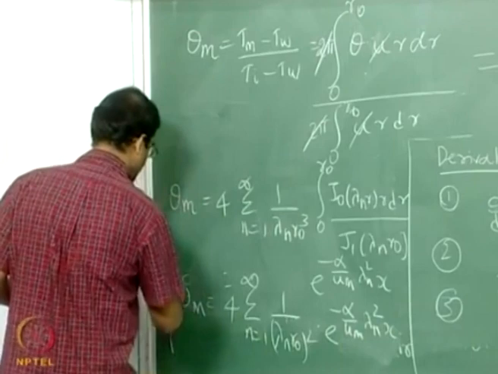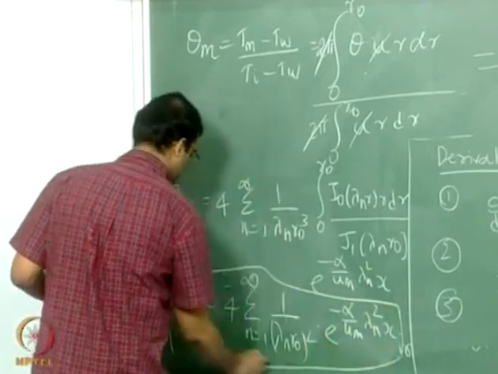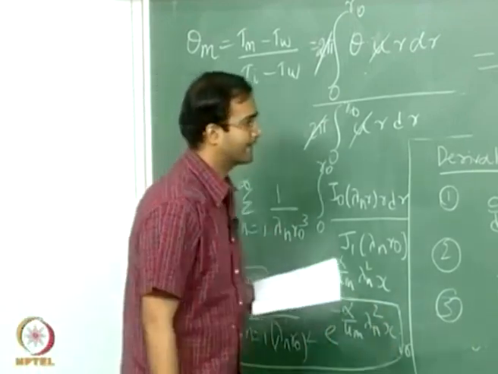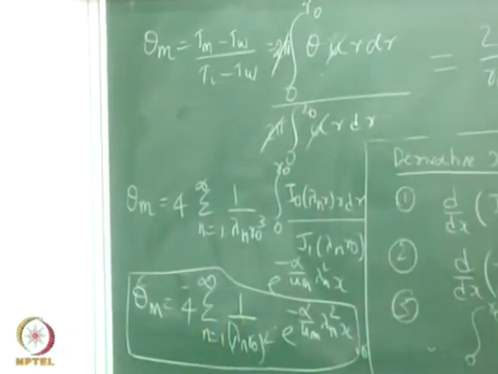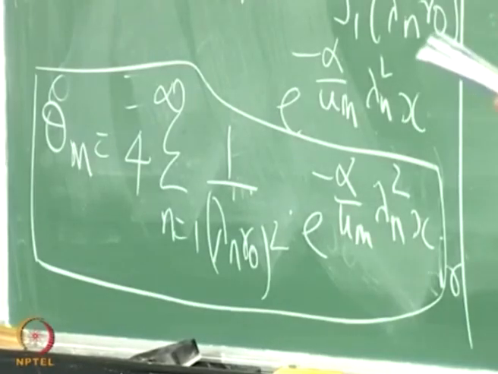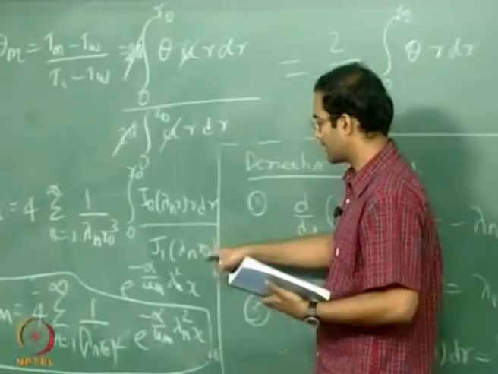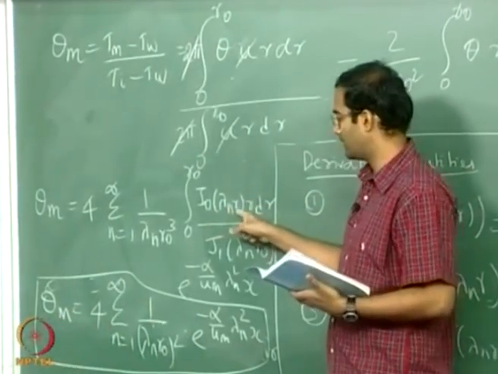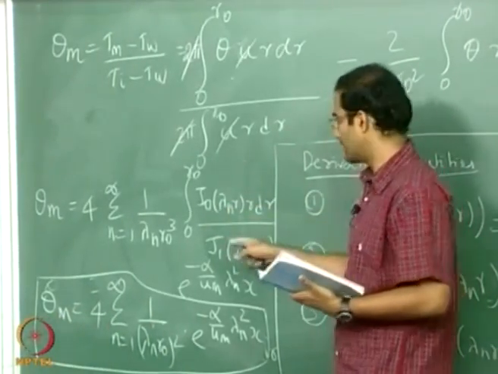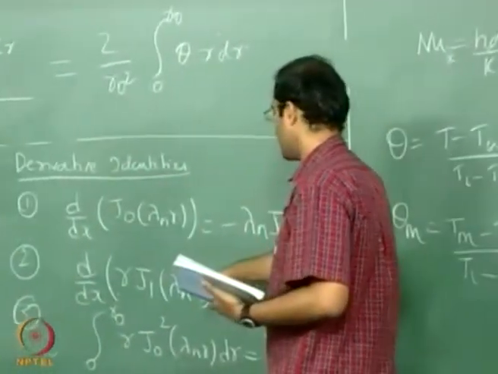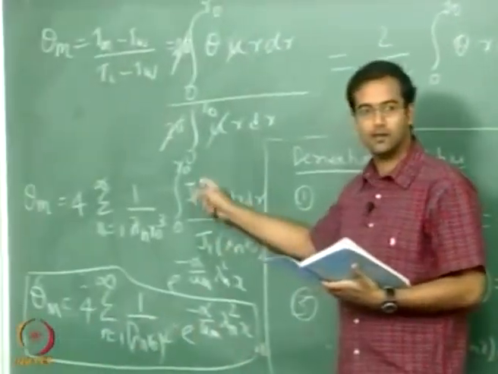So this is the final expression for theta m that you will be getting. Okay. So if you just use this identity and then you substitute it here, you will cancel off J0 lambda n r naught, this J0 lambda n r naught will be nothing but J1 lambda n r, so that and this will get cancelled off.